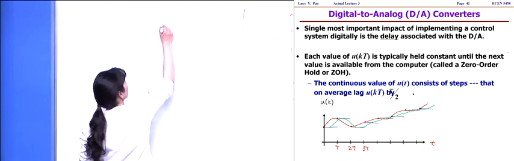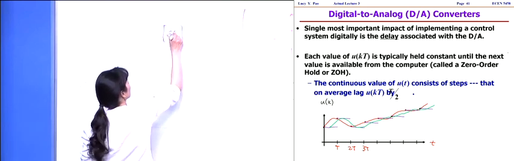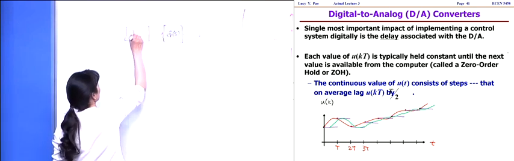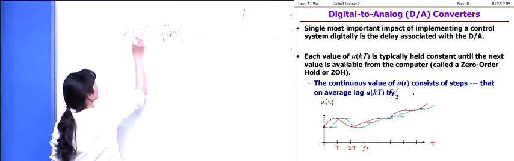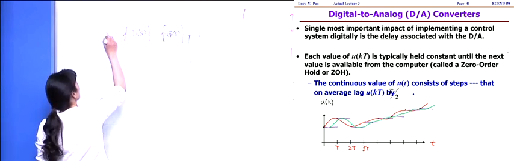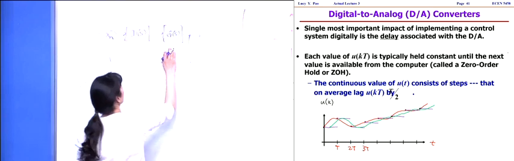So you have your G of s, and you're asked to design a lead compensator, just a first order lead compensator, so that the closed loop poles go through particular points.